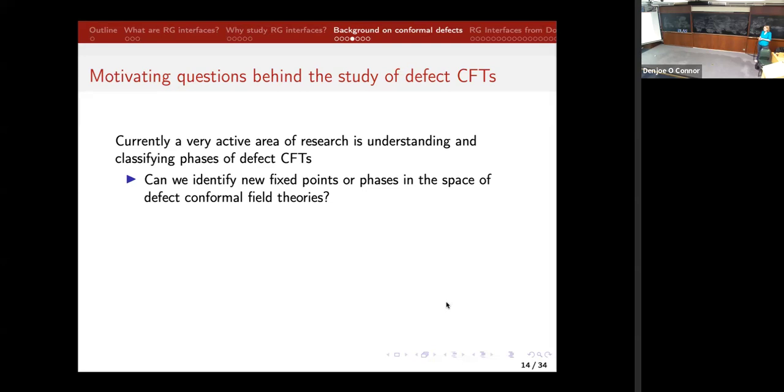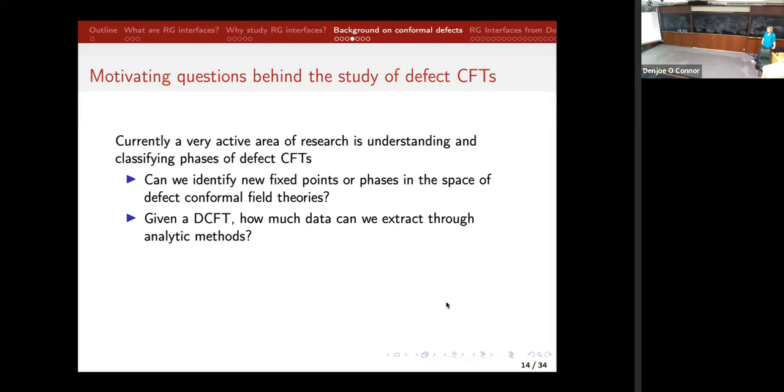You can have a different set of fixed points based on the couplings that particles have at the boundary versus what you had when you had a CFT on all space. So one of the tasks for people who study defects is to try to identify new fixed points or phases in the space of defect conformal field theories.